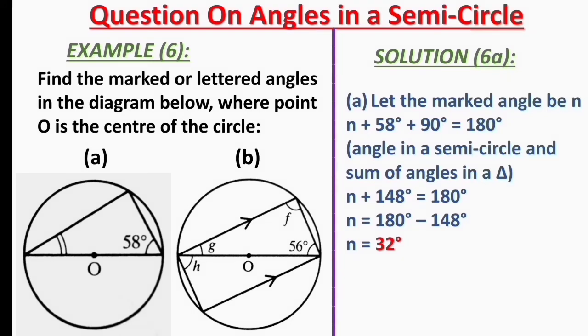Putting your calculation together, N plus 148 degrees should be equal to 180 degrees. N being 180 degrees minus 148 degrees, that makes N to be 32 degrees. That means the marked angle in question 6a is 32 degrees.